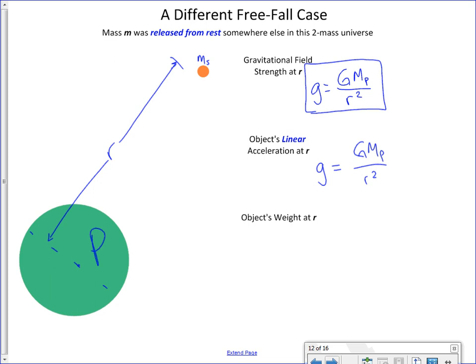Because we could say this is Fg, and Fg equals ma, where m is the mass of the satellite, the thing that would accelerate. So the acceleration is that, and that's how we got back to this.